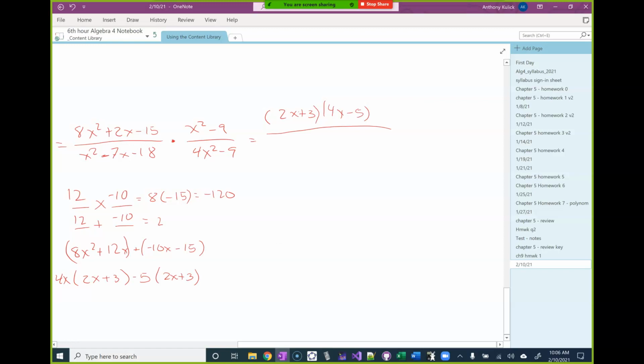How about the x squared minus 9? x minus 3 and x plus 3. Okay. How about the x squared minus 7x minus 18? Okay. And then 4x squared minus 9?